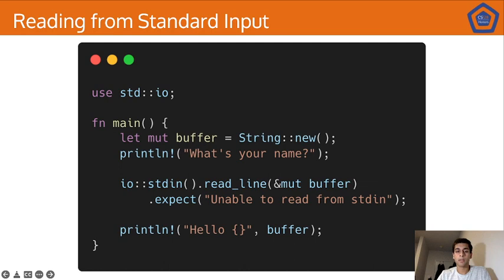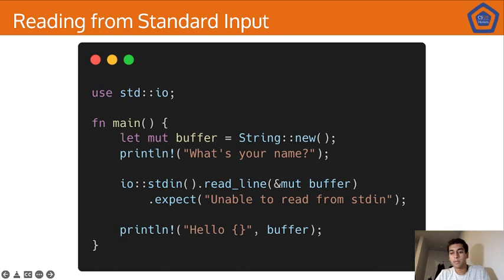So io::stdin lets Rust know that you want to read in from standard input, and then read_line tells Rust that you want to read everything the user types up until they hit enter, up until they hit a new line. And then we're going to pass in buffer so that whatever the user types is going to be put into buffer. Buffer is going to represent whatever the user enters.